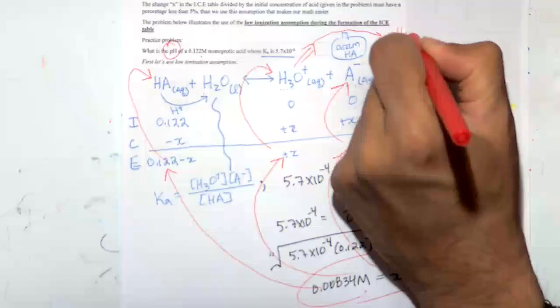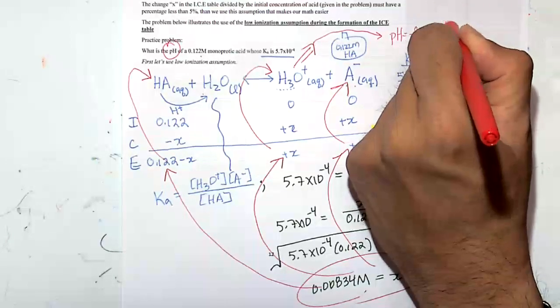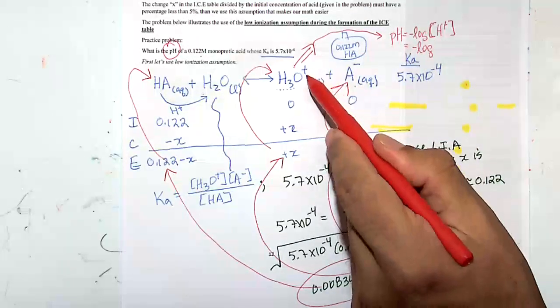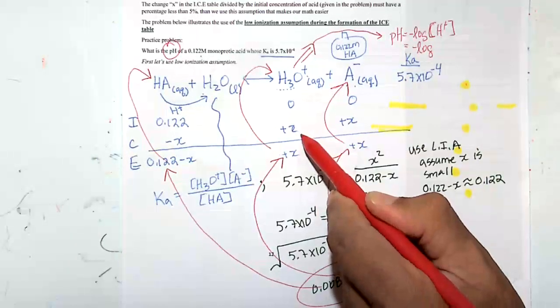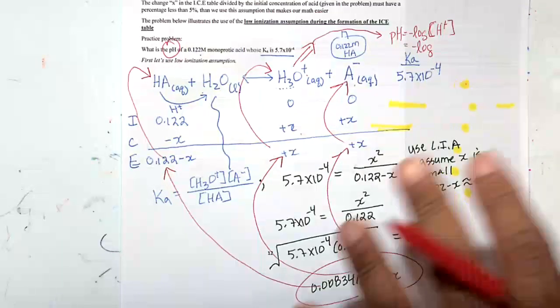We know the formula for pH is minus the log of the hydrogen ion concentration. And what is the hydrogen ion concentration? X. What is X? 0.00834.